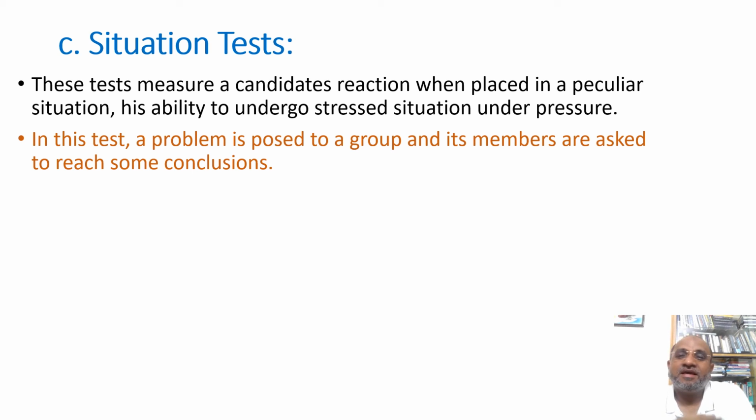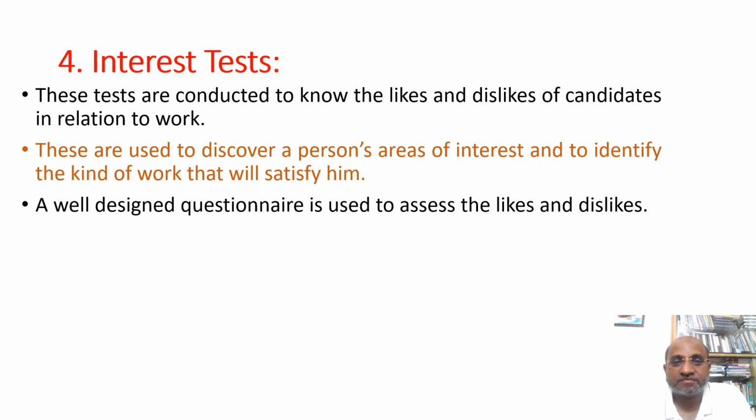If it is posed to a group, each member is asked to come out with some conclusions. One situation is presented to you and you have to give your conclusions on it. So based on the conclusions that you give, you will be judged.